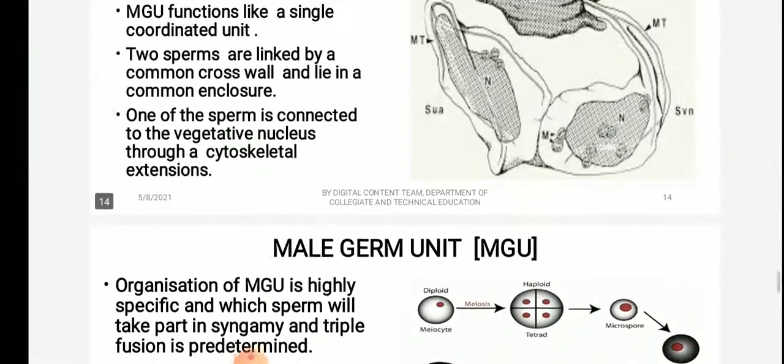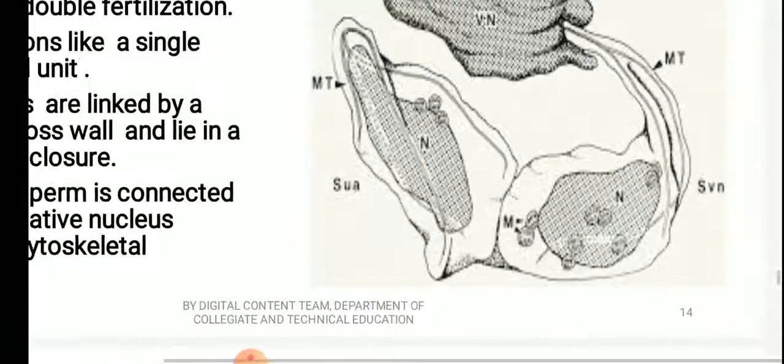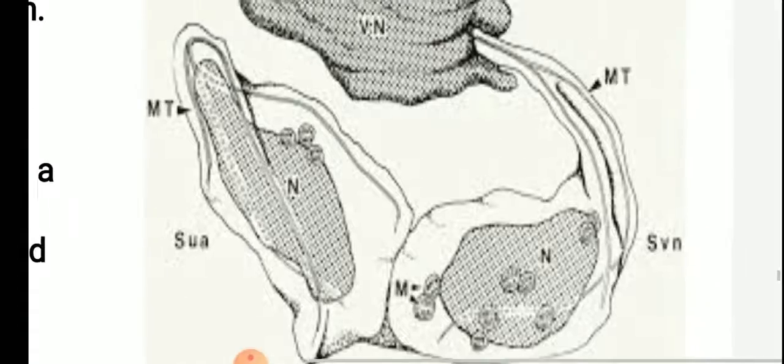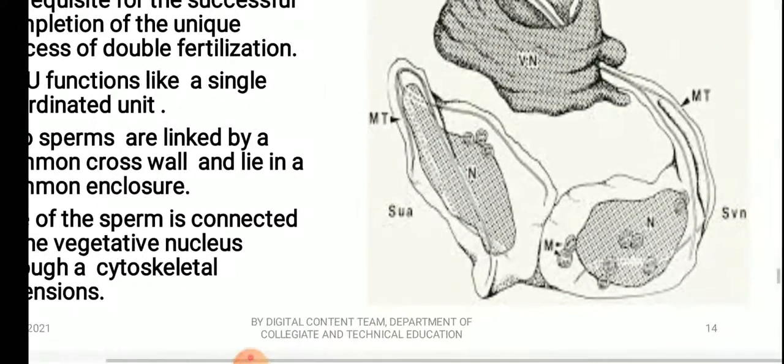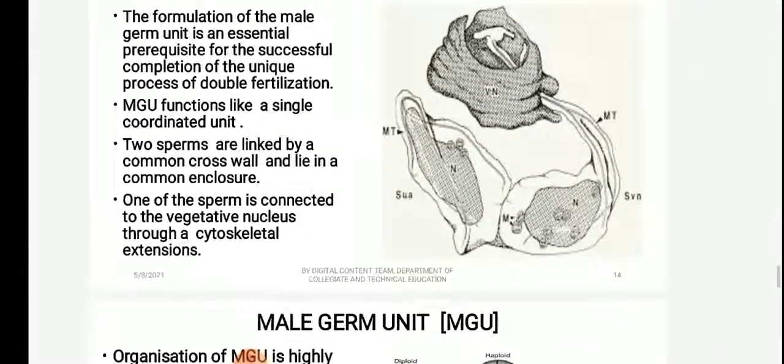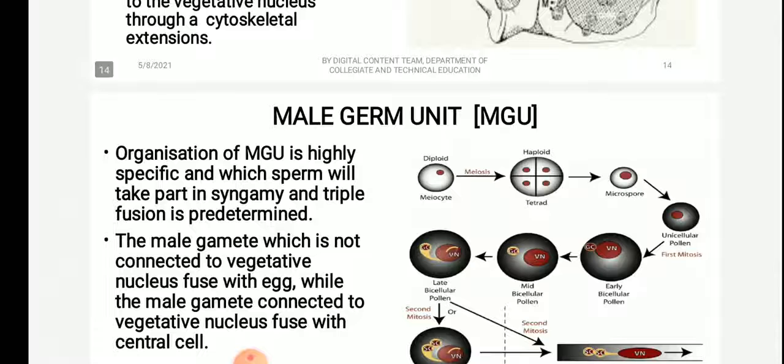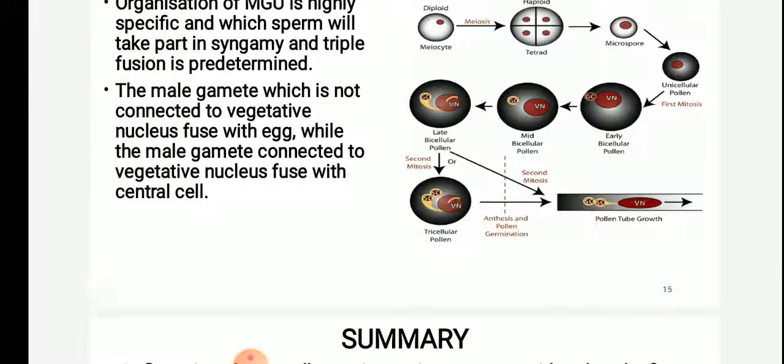So there is a lot of predetermined function. The sperm which is not attached to the vegetative nucleus will fuse with the egg, whereas the sperm which is attached to the vegetative nucleus will fuse with the polar nuclei or the secondary nucleus of the female embryo sac.